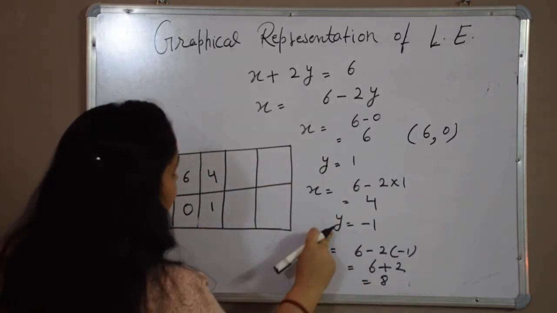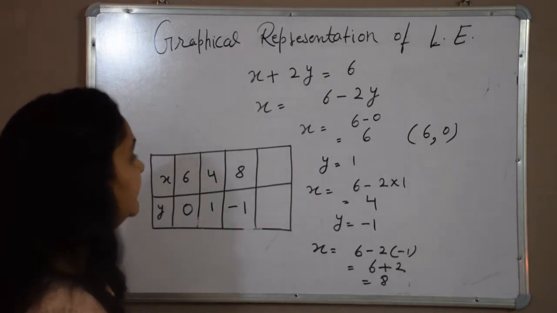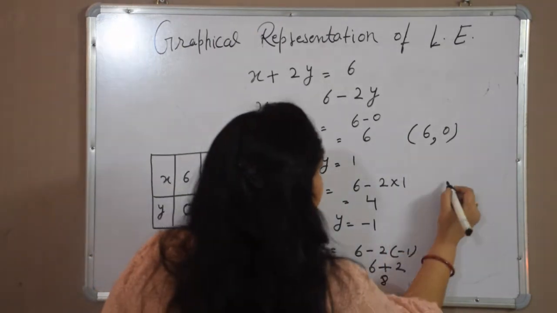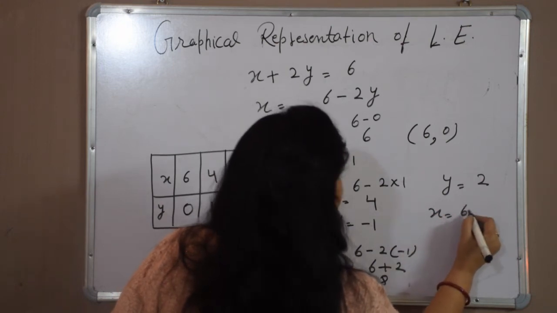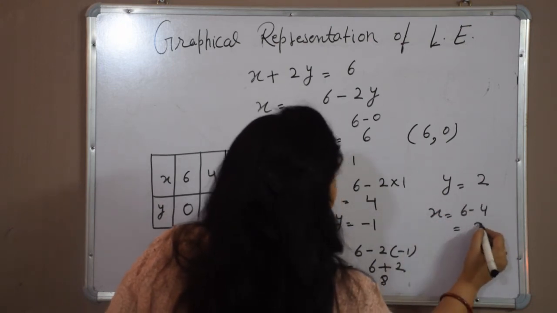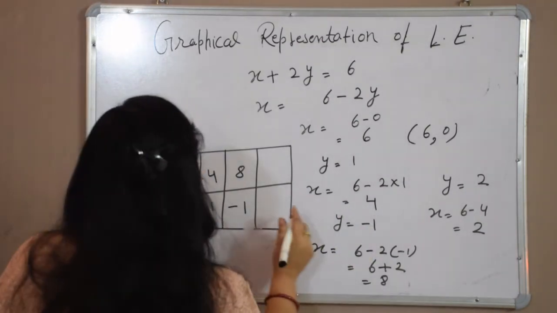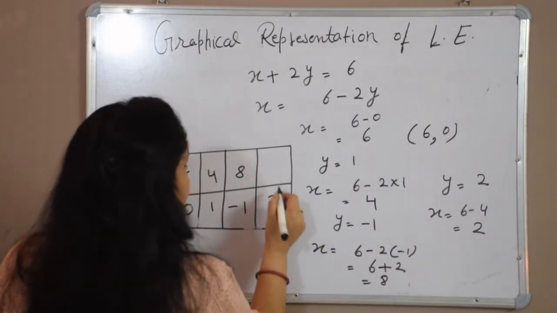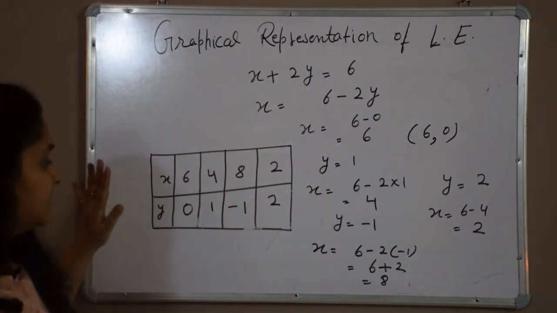Whenever y is minus 1, x is equal to 8. And one thing more I can choose, y is equal to 2. So here x is equal to 6 minus 2 into 2, that is 6 minus 4, 2. So whenever our y is 2, in that case x is also 2. So this is our table.